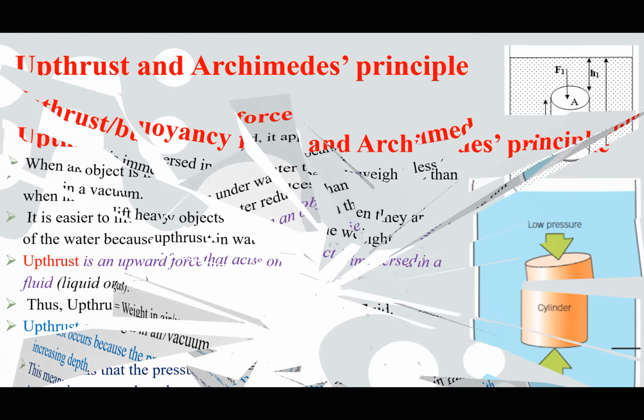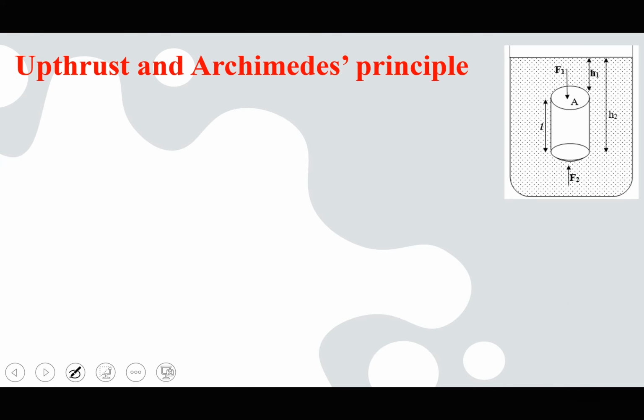Okay, we're still exploring upthrust and Archimedes' principle. So let's consider an object which has been fully submerged. The pressure at the top of the object is given by the density of the liquid times the height on top of the object, which we are calling h1, then times g.